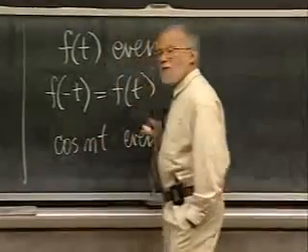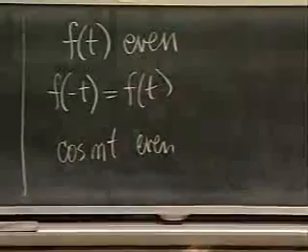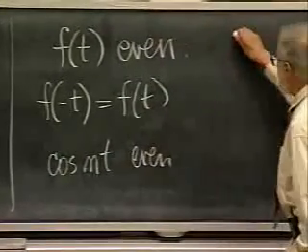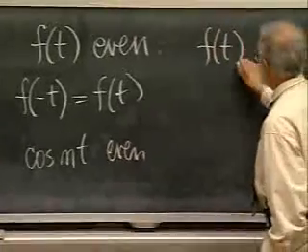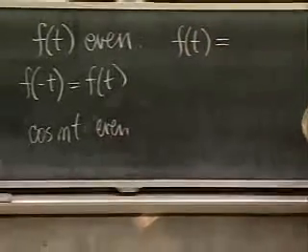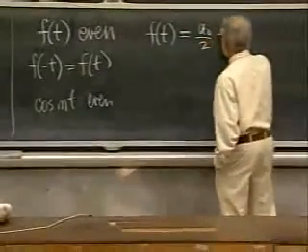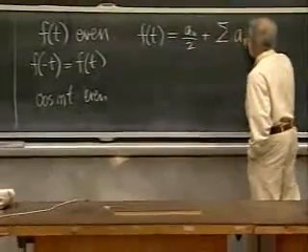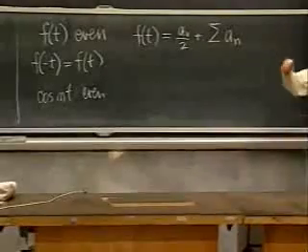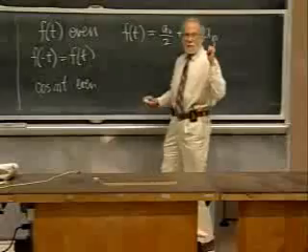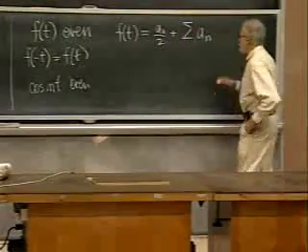All these functions are even functions. If f of t is even, then its Fourier series contains only the cosine terms. In other words, half the calculations you don't have to do if you start with an even function. That's what I mean by shortening the work.